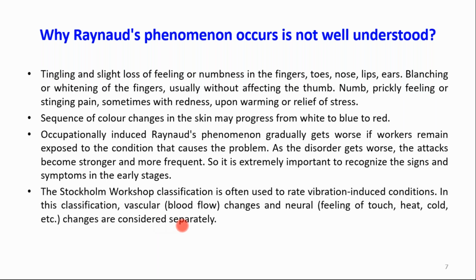Some universities, companies and researchers also work on these types of classification. One is vascular, that is blood flow, and the second is neural, that is nothing but the feeling of touch, heat, cold, etc. So such classifications may exist from different points of view.